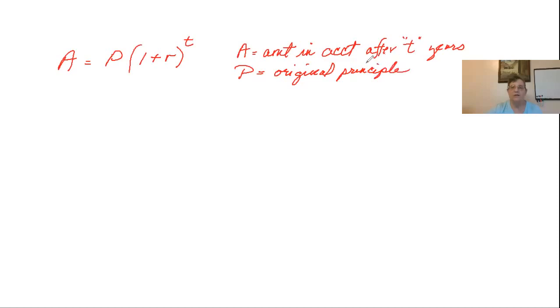You can't backtrack and change how much you had in the account. R is the annual interest rate. It's always given as an annual rate. They tell you you're getting 6% per year.